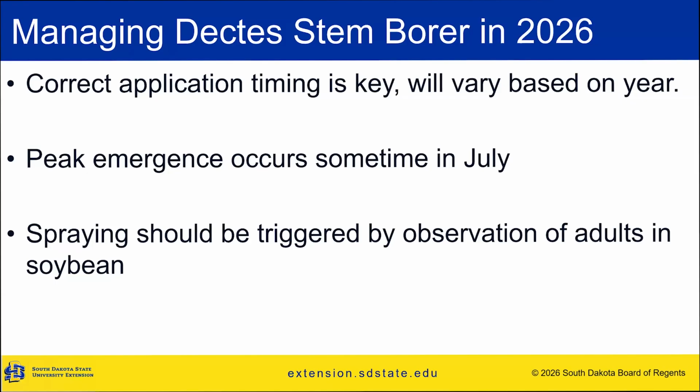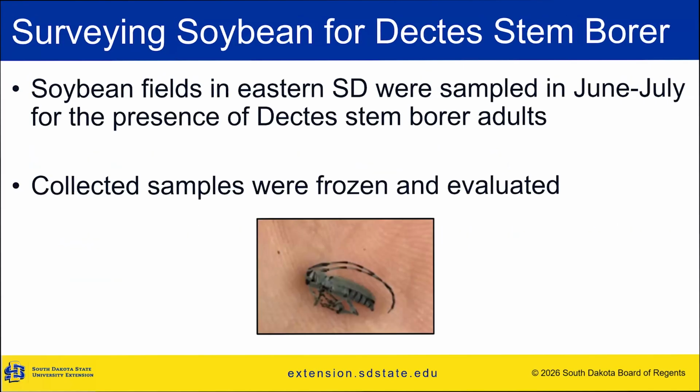The benefit of the degree day modeling would be that we could look at when the numbers hit the right temperature regime for the Dectes stem borer, go out and determine whether or not adults are active, and then determine when the highest infestations are going to be. We don't have that ready to go yet, but we're hoping that we can get that resolved and figured out and have that ready for everyone in 2027.